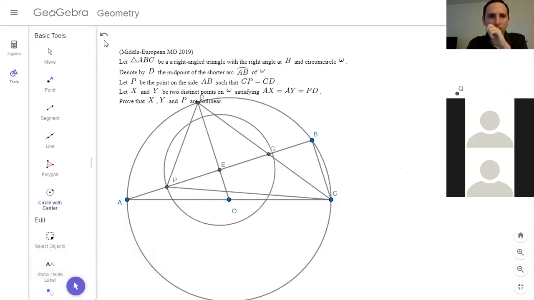I think this is just simple trig. Yeah, okay, so assume BAC to be theta and it just simplifies.